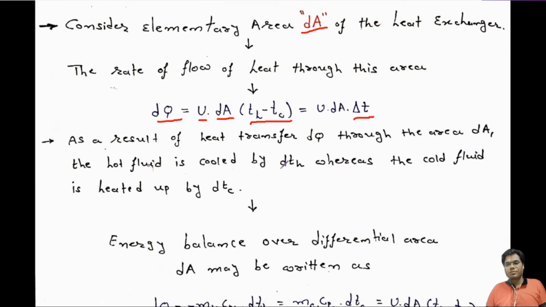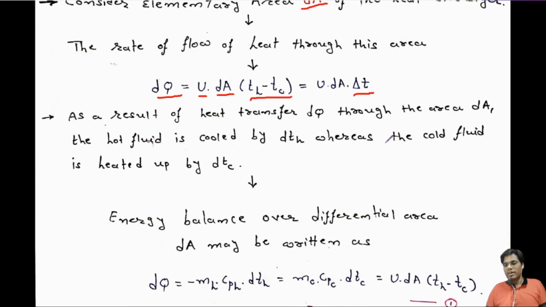Moving ahead, as a result of heat transfer dq through the area, the hot fluid is cooled by dTH, because the hot fluid will give some heat to the cold fluid, while the cold fluid takes heat and is heated up by the amount dTC.